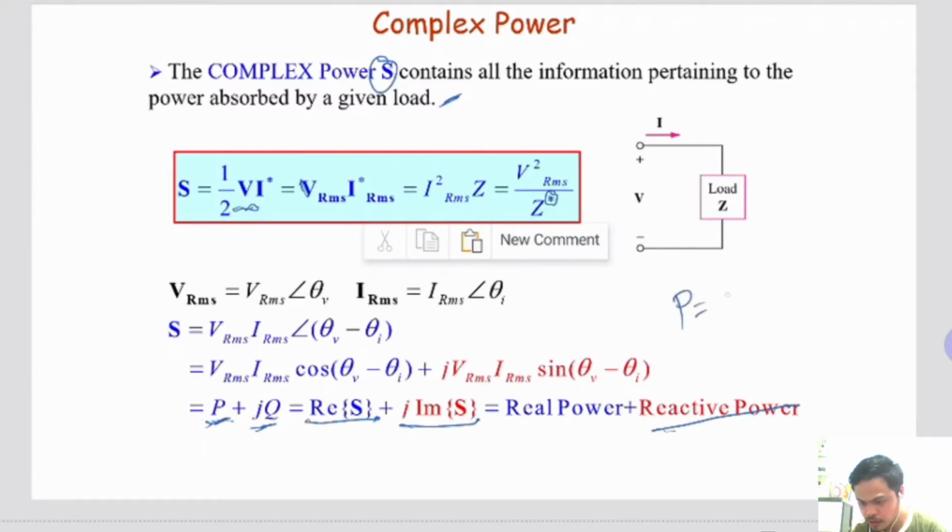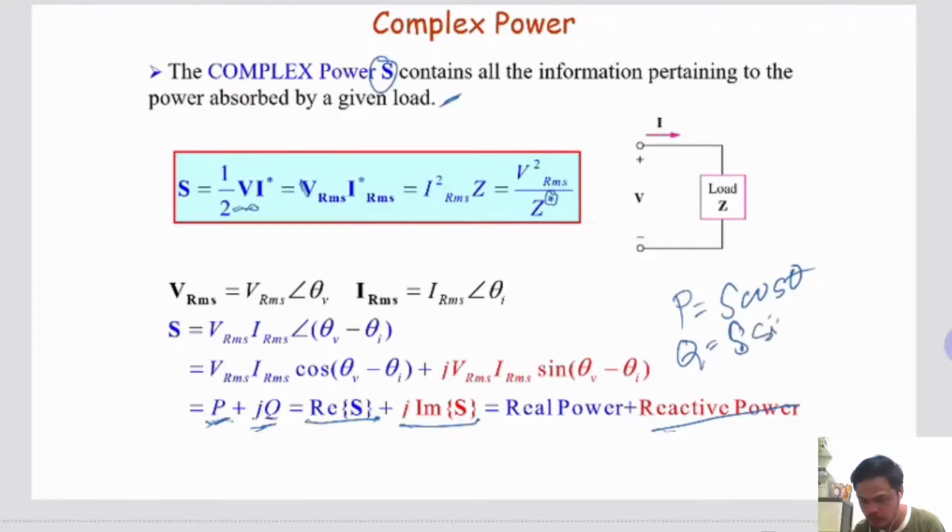P is just S cosine of theta, and your Q is determined as S sine of theta, where theta is the difference between the voltage angle and the current angle.